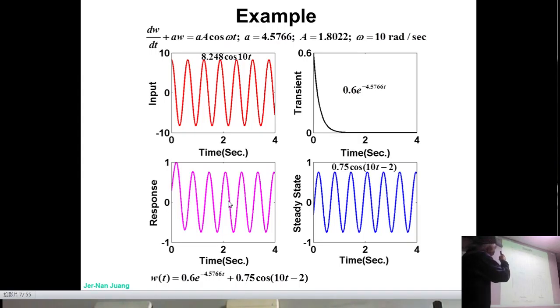You have a large input amplitude of 8.248, but your response has only 0.75. That's good, right? You have a lot of force in there, a lot of amplitude, but your system only responds with a small amplitude.